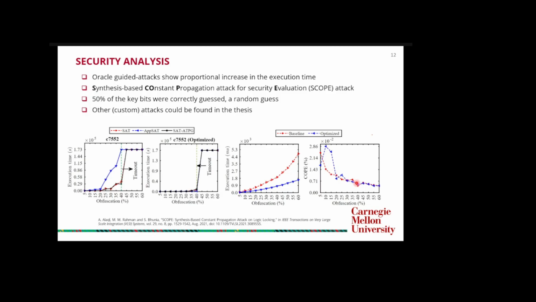It means that increasing the obfuscation level decreases the vulnerability of the design. So this is the Oracle-guided and Oracle-less analysis. There are other attacks also that are given in the paper. You can read and try to understand.